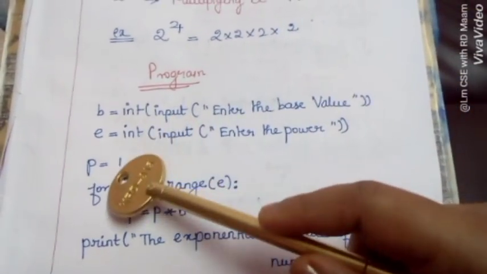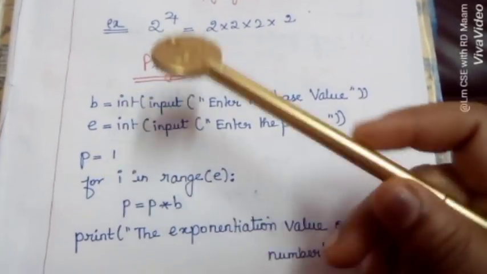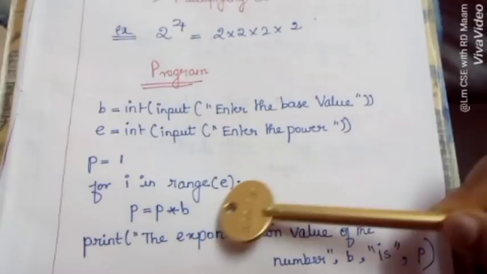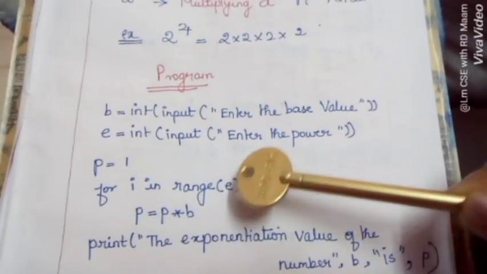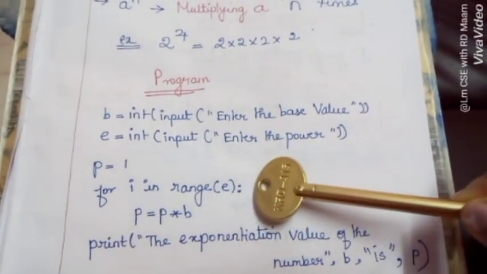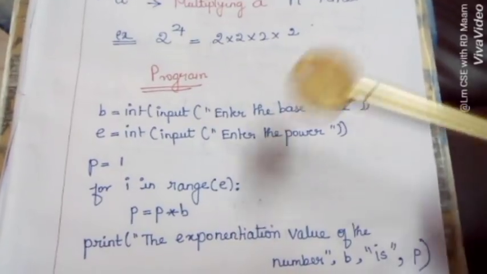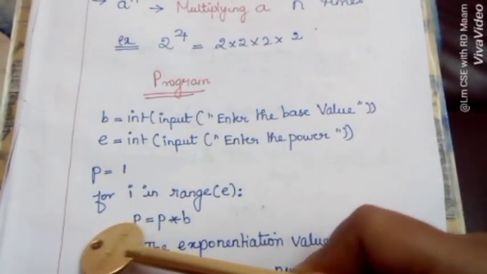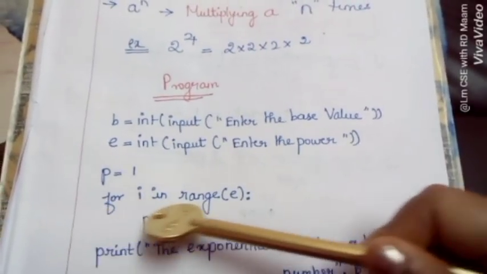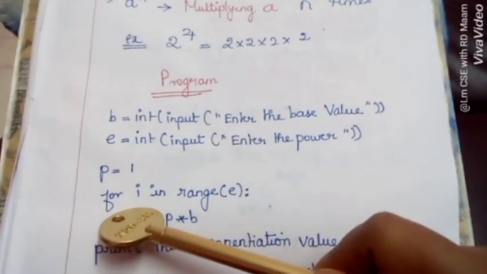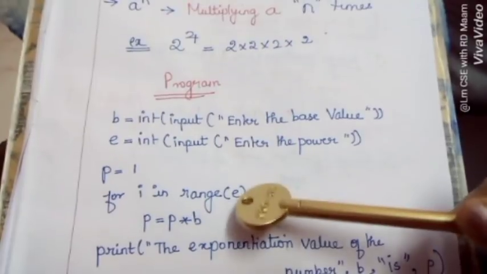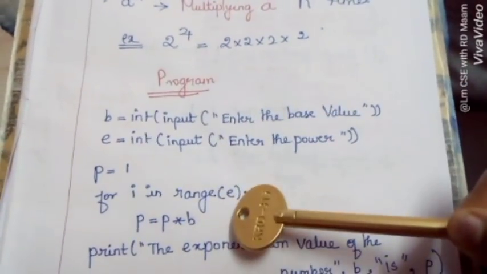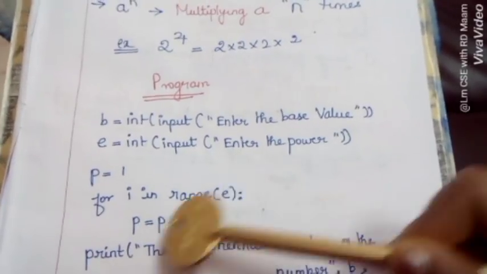Now I'm going to initialize p is equal to 1, and I'm going to execute a for loop for i in the range of e. This is a for loop syntax. I'll explain the syntax now, and just understand the step for now.